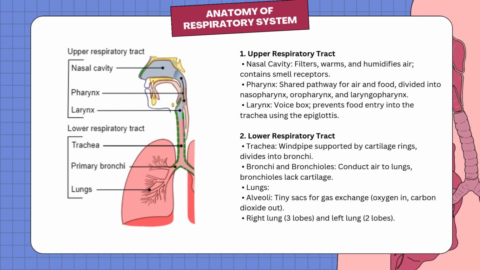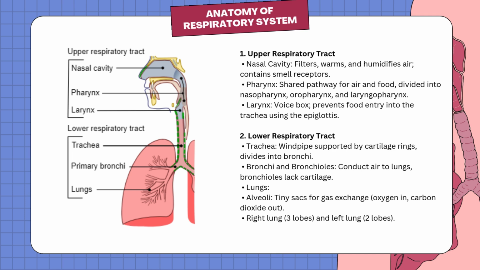The nasal cavity filters, warms, and also humidifies air and contains smell receptors. The pharynx is a shared pathway for air and food, divided into nasopharynx, oropharynx, and also laryngopharynx. The last one, the larynx, is the voice box, and prevents food entry into the trachea using the epiglottis.